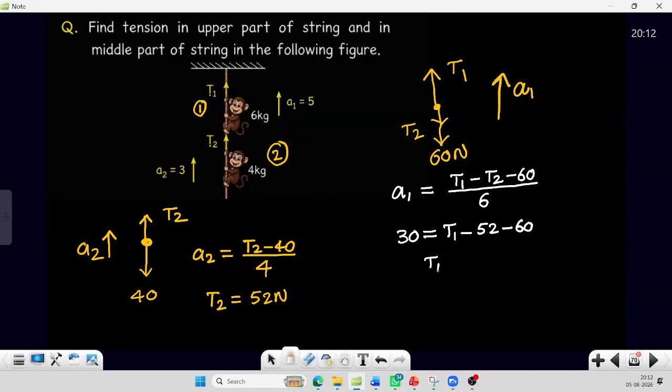So T1 is 30 plus 52 plus 60, which is 142 newtons.